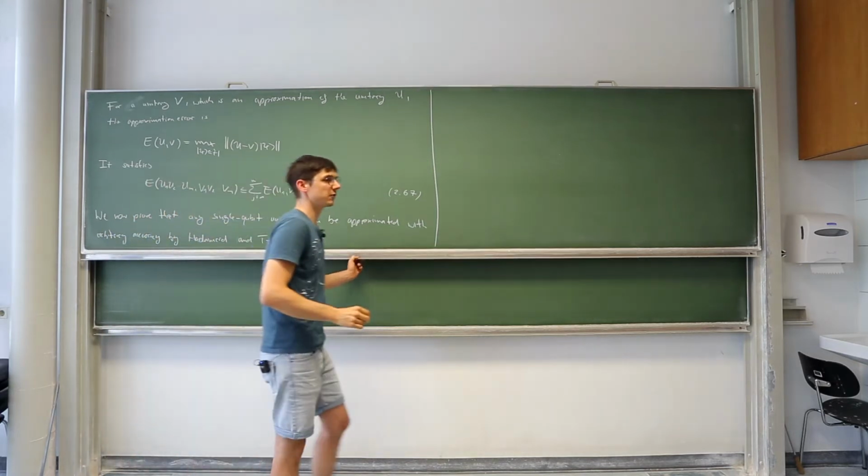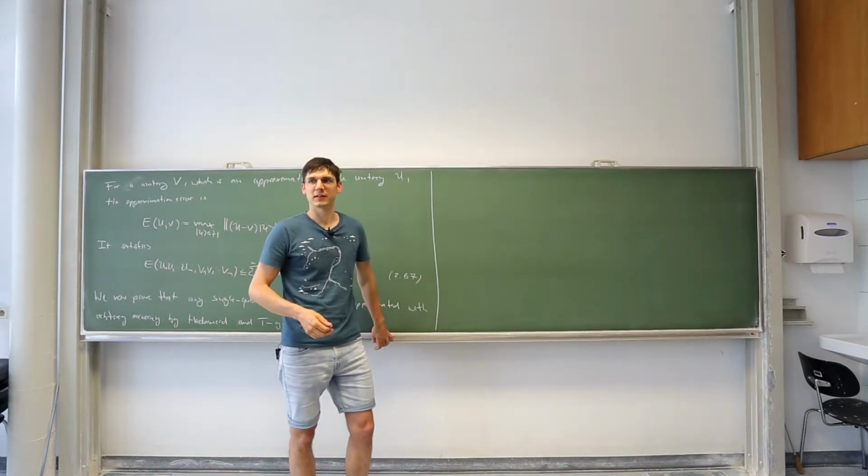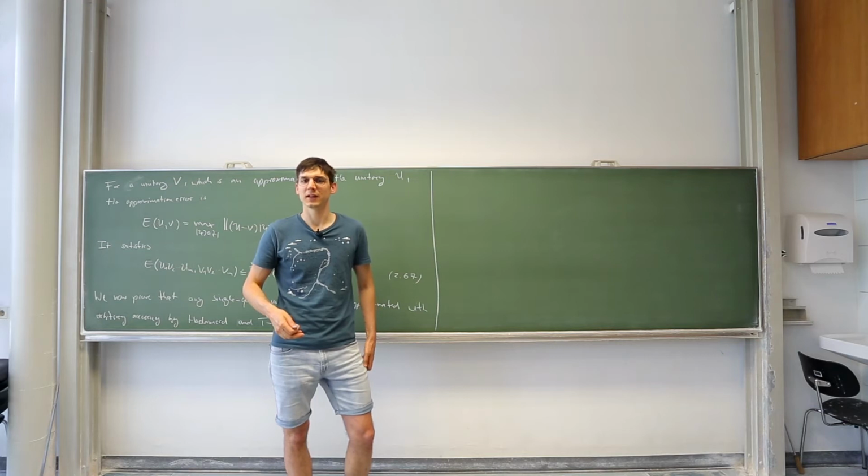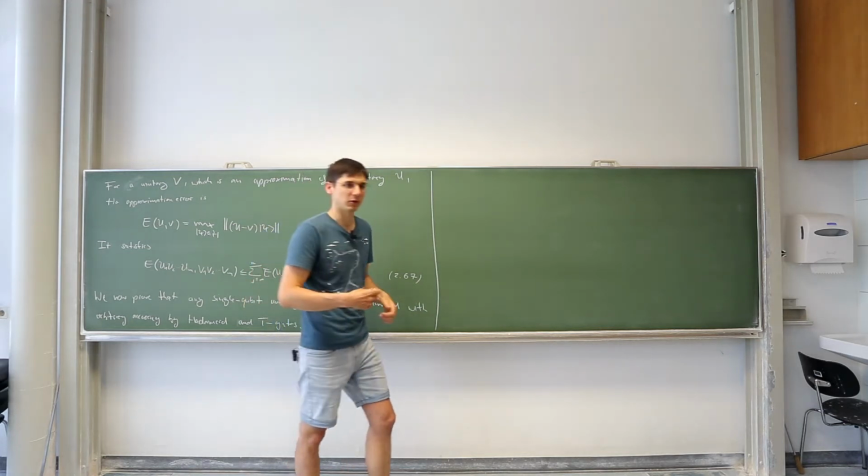So first let me give you an outline of the proof, because the proof involves some calculations, and instead of just calculating it down, I'd like to start with the outline of what I'm going to do in order to prove this.